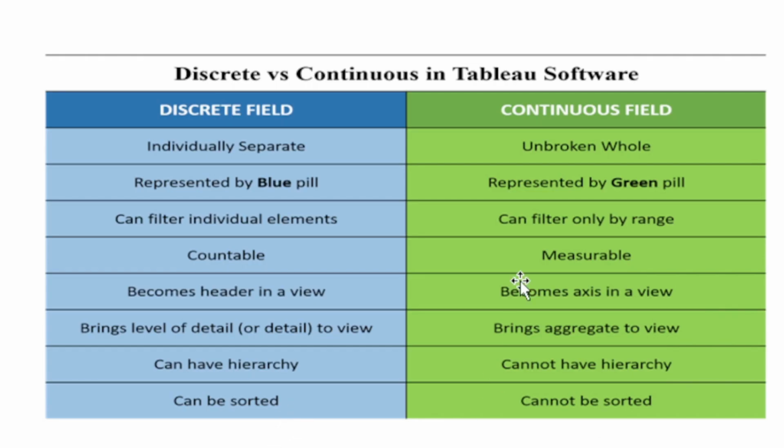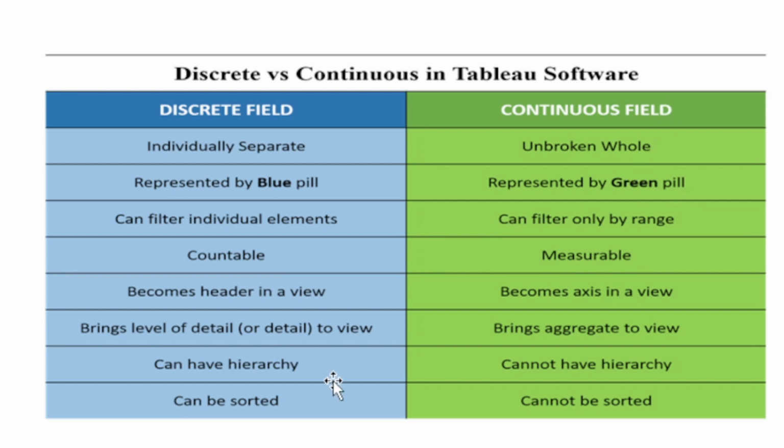Coming to Tableau, we have discrete fields in blue color and continuous fields in green color. Discrete fields mean separate entities, like if you take segment, we have different segments individually. A continuous field shows in green color and shows as an axis. A discrete field changes the granularity in Tableau, a continuous field doesn't.